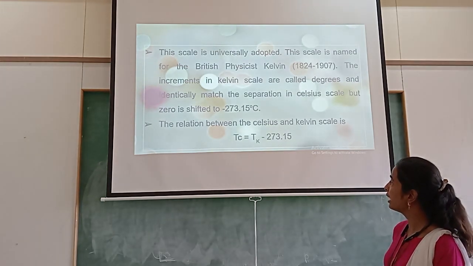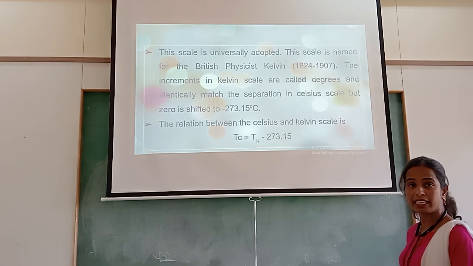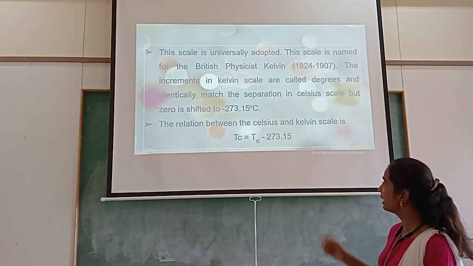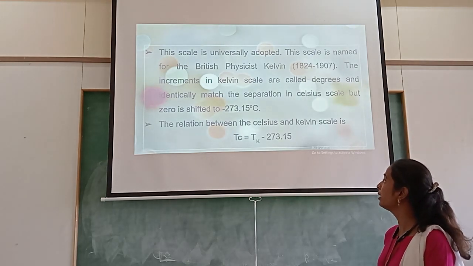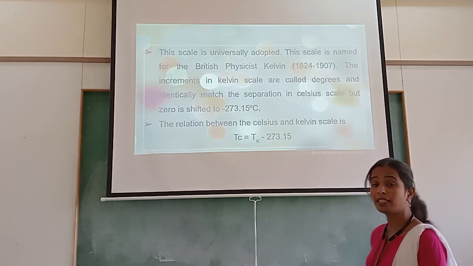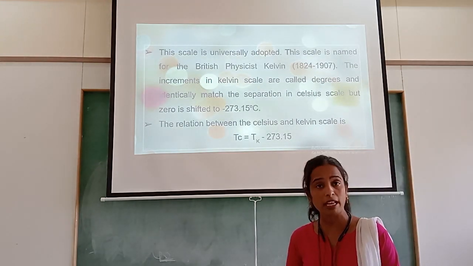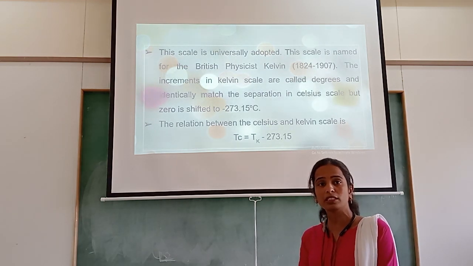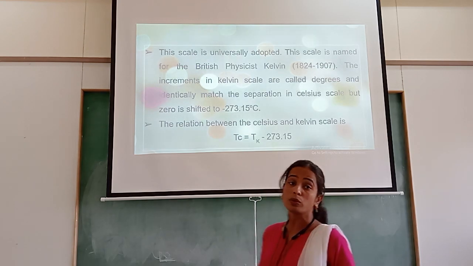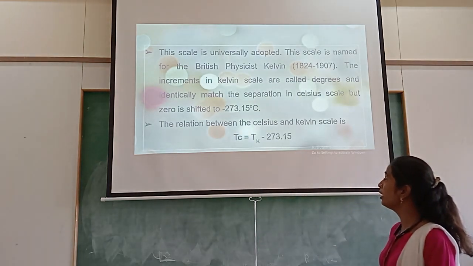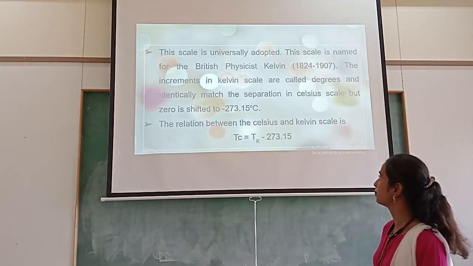He gave the relation between degrees centigrade and Kelvin: Tc = Tk - 273.15. In the Kelvin scale, 0 degrees centigrade is shifted to 273.15 Kelvin.